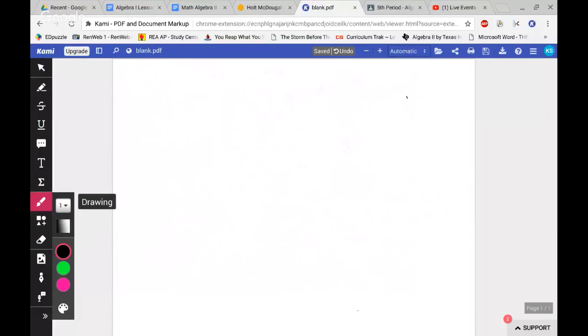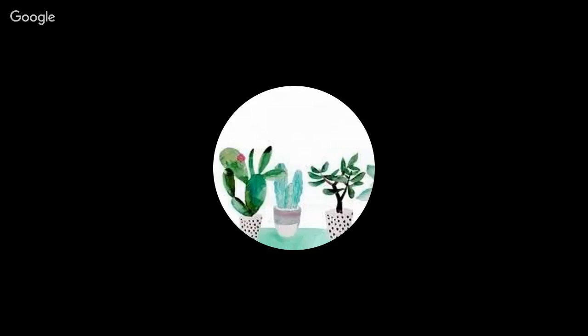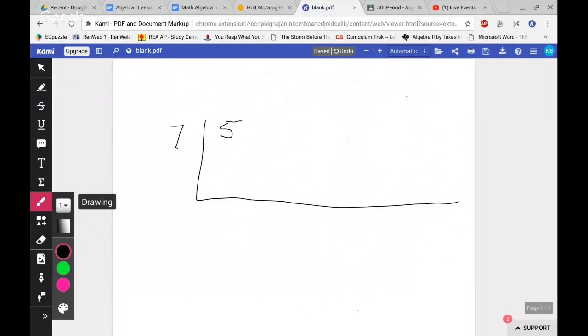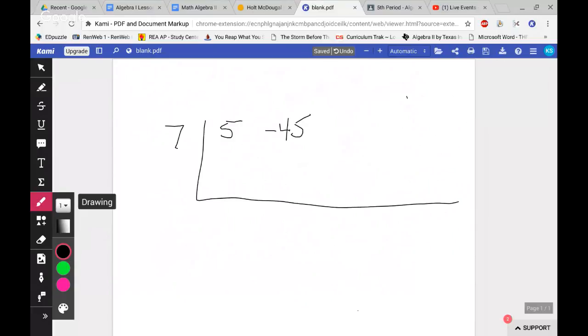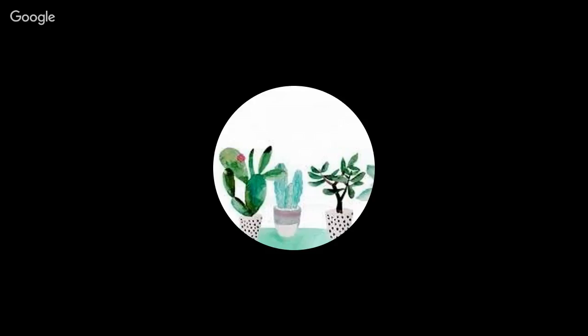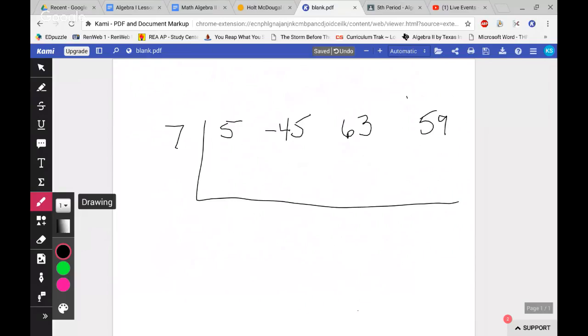Okay, so what is my divisor going to be? 7. Good job. All right, now what am I going to write through here? 5, negative 45, 63, and 59. Good job. No placeholders needed? No. Okay, now what do I do? You bring down the 5. Good job.